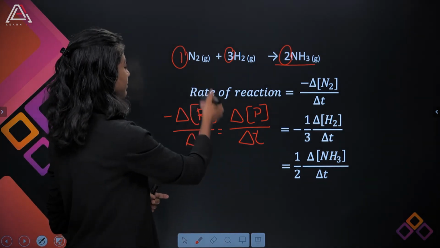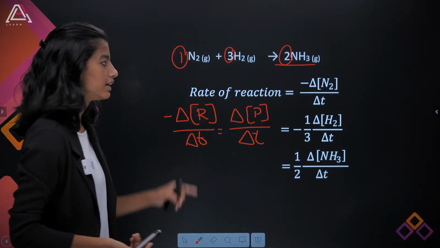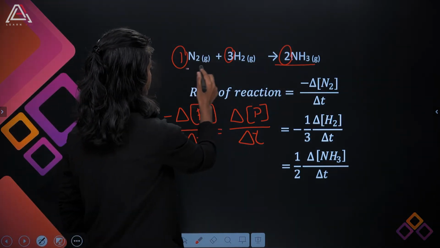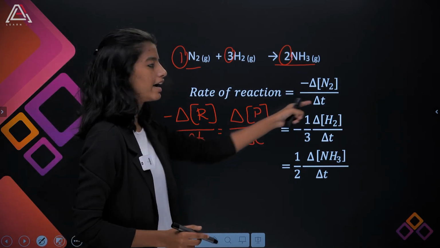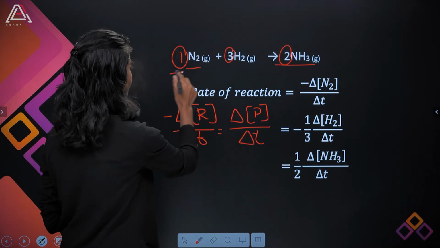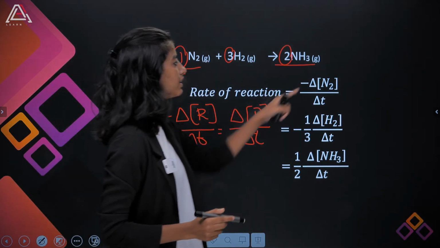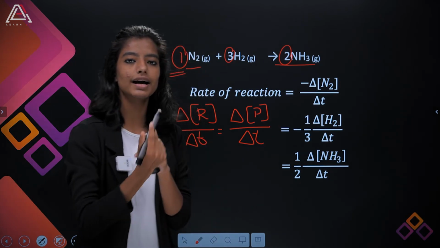So, now replace this R and P with the reactants and the products. The first reactant is N2. So, it will be minus delta N2 divided by delta T. The stoichiometric coefficient here is 1, divided by 1 is the same, so I am writing it as minus delta N2 divided by delta T.